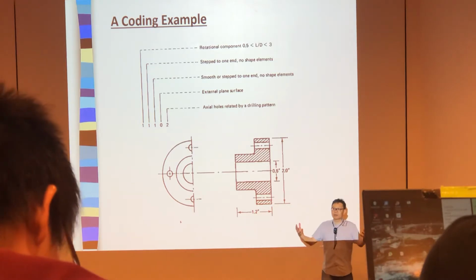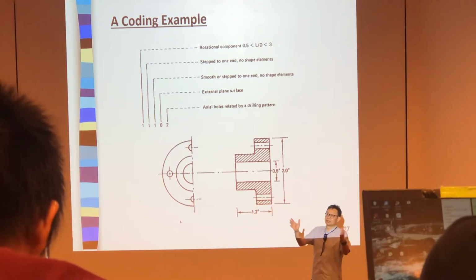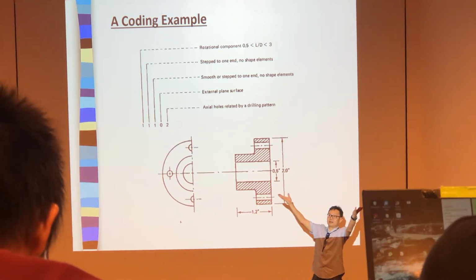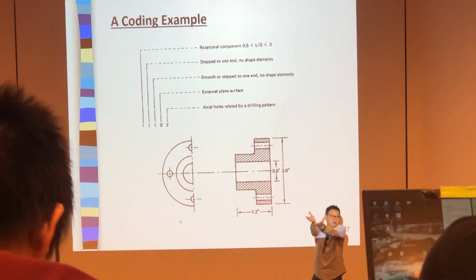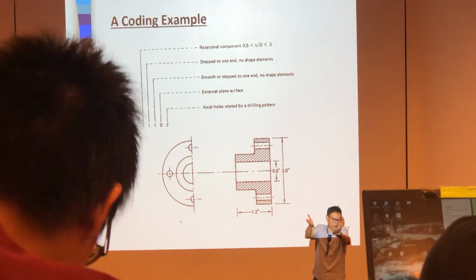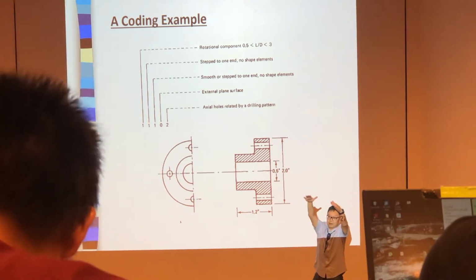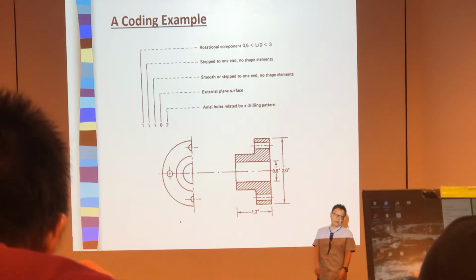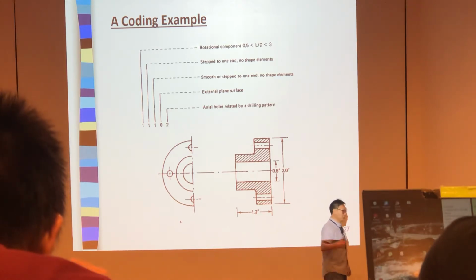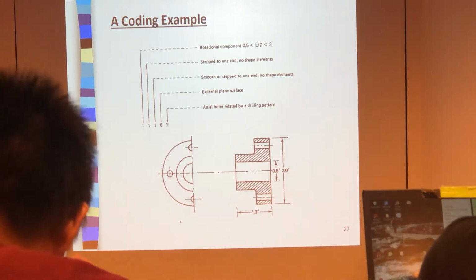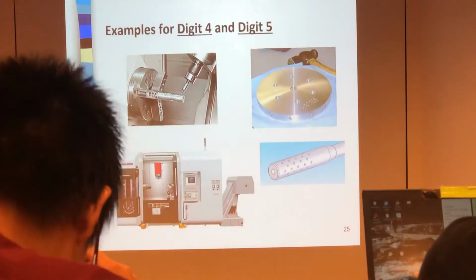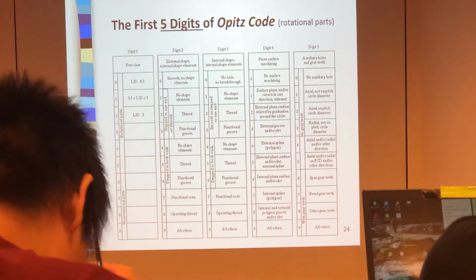And there are other types, step to both ends. You could have a large diameter on both ends, with the middle getting smaller, and we call that step to both ends. Or the middle is the largest, and the step gets smaller towards the 2 ends. We call that step to both ends too, and both types are covered here.